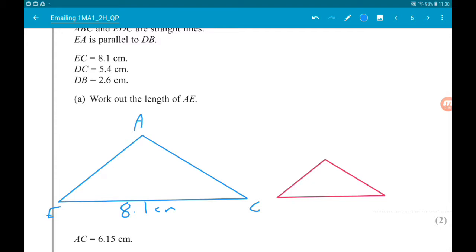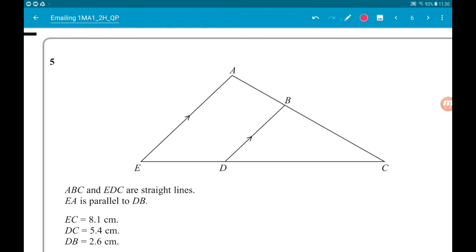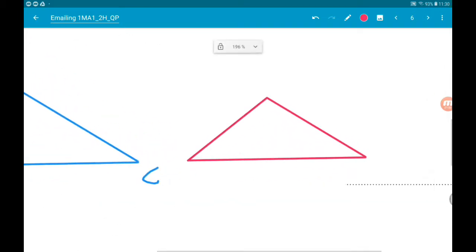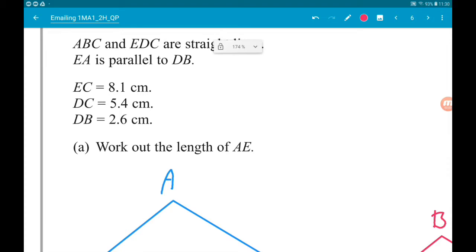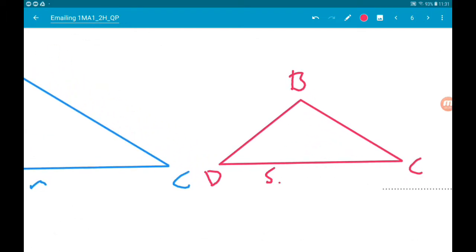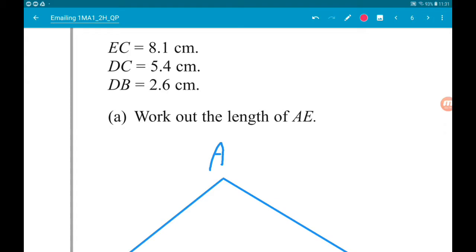Okay. And then the little triangle is BDC. Now on this one, we know that DC is 5.4 and BD is 2.6.